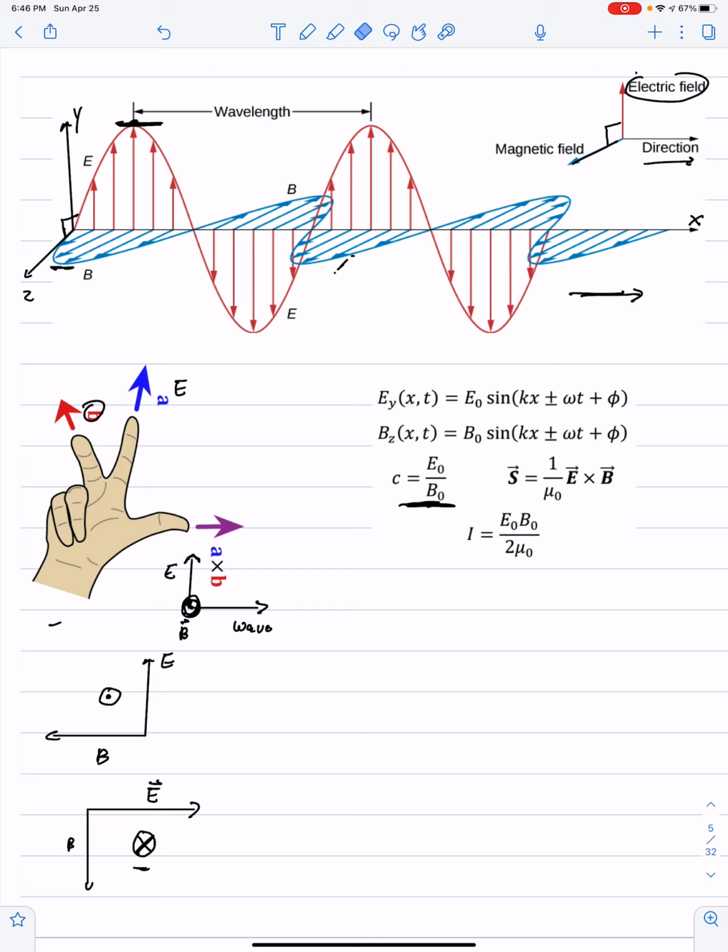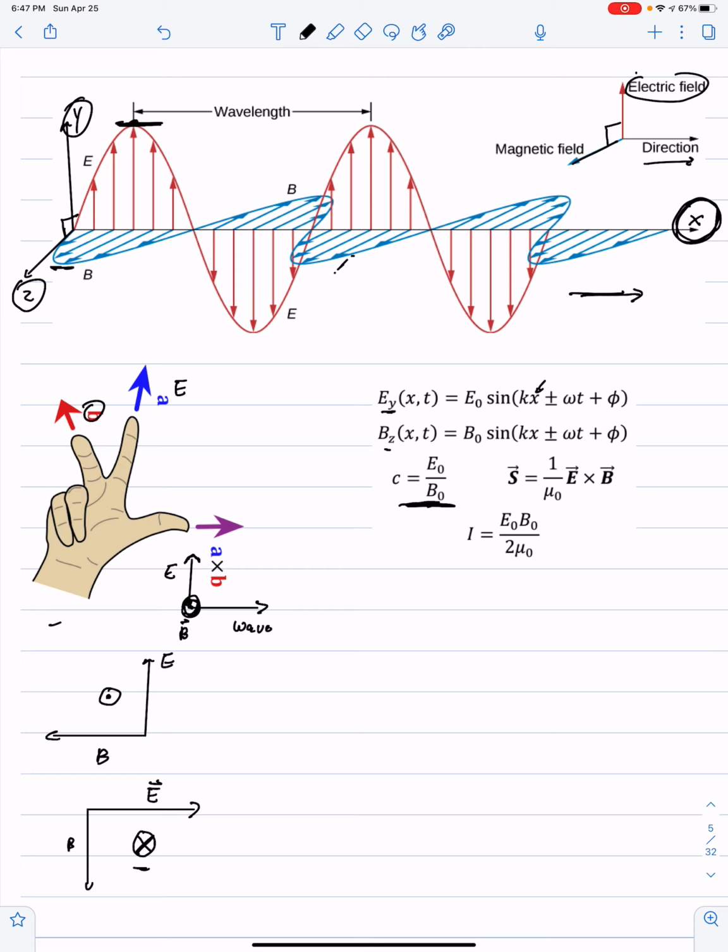But I want you to notice something important. Notice that here it's saying E_y and B_z. It is because it is already addressing that the wave is propagating in the x direction, right? Because the wave is propagating in the x direction, the electric field is in the y direction, and the magnetic field is in the z direction.